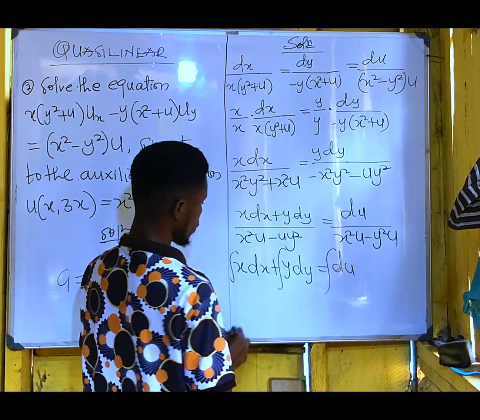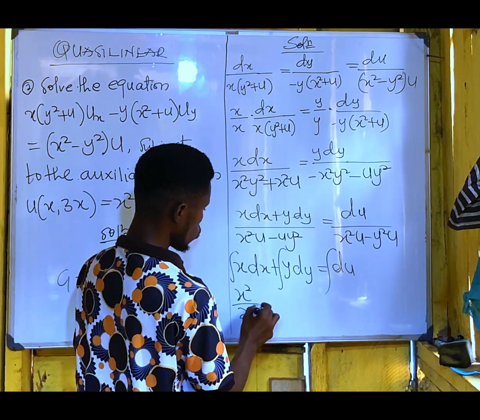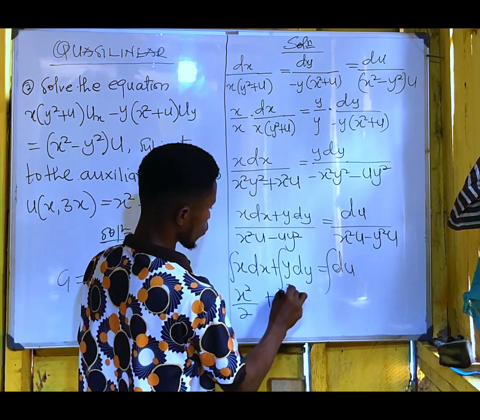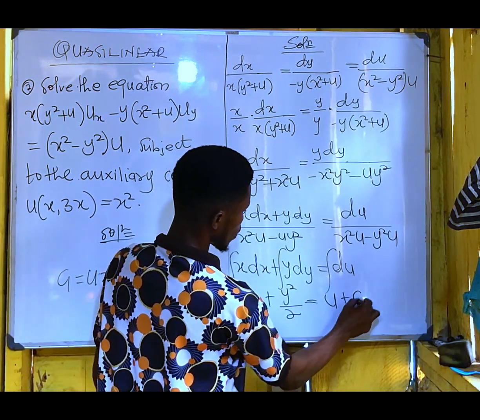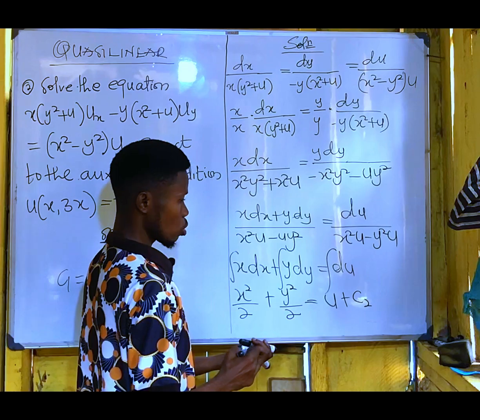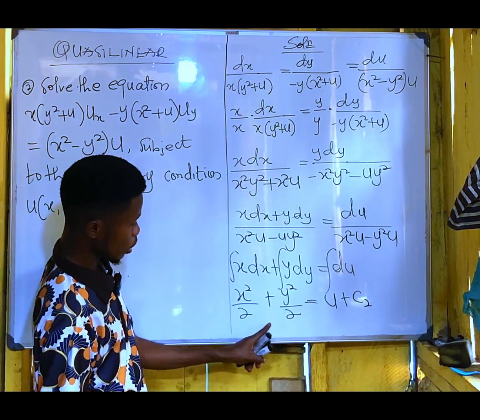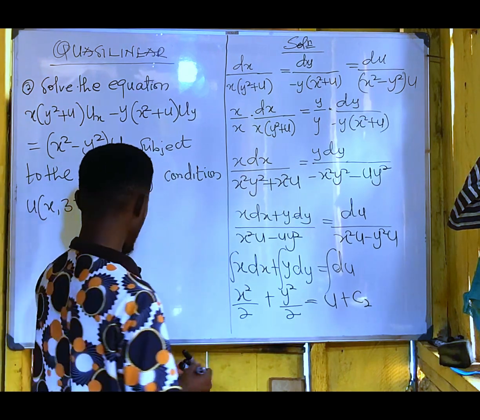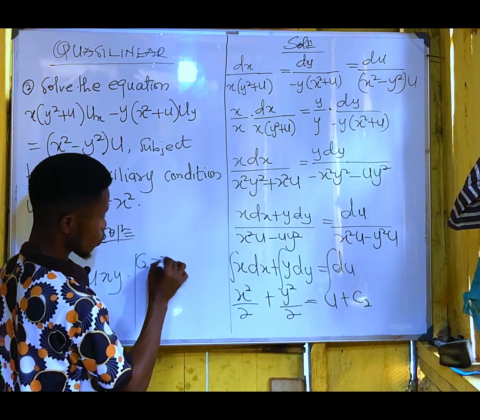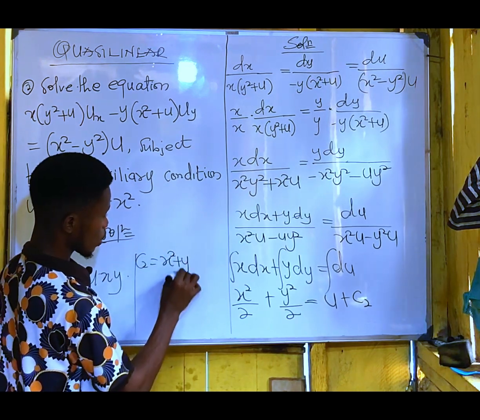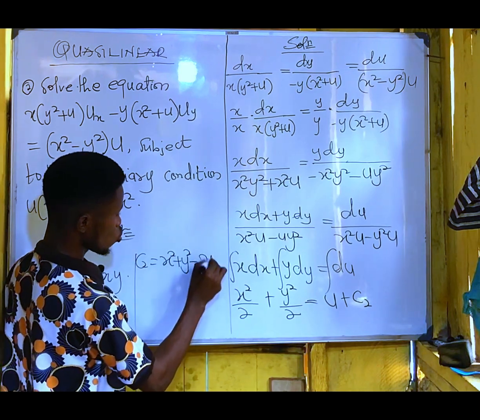This you integrate. So here gives you x²/2 + y²/2 = u + c2. In this case, when I multiply through by 2 and make c2 the subject, you see that I'll get c2 equals x² + y² − 2u.